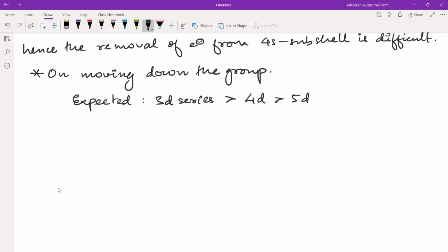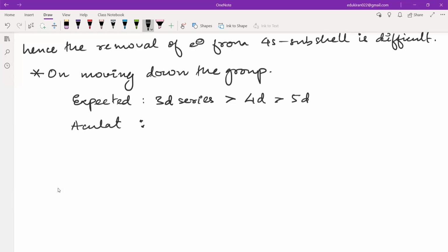This was our expected, but the actual story is that the first ionization enthalpy of the 5d transition elements are higher than those of 3d and 4d.